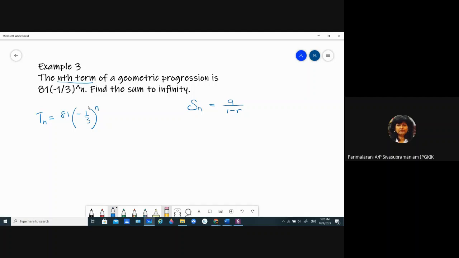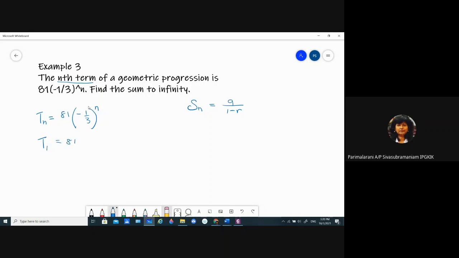From here, can we find our a? How? For a, what should we write here? T1. A is which term? The first term, term number 1. So we write T1.